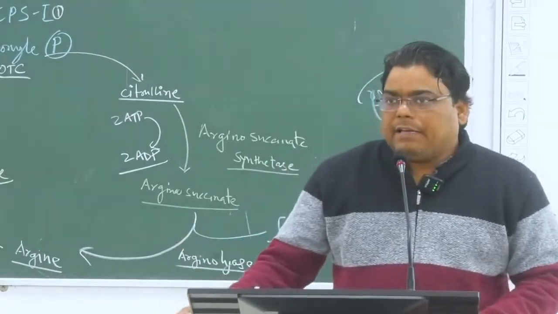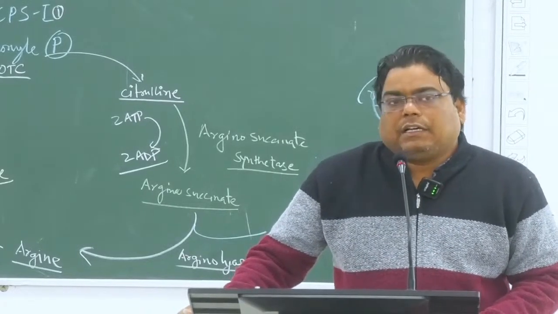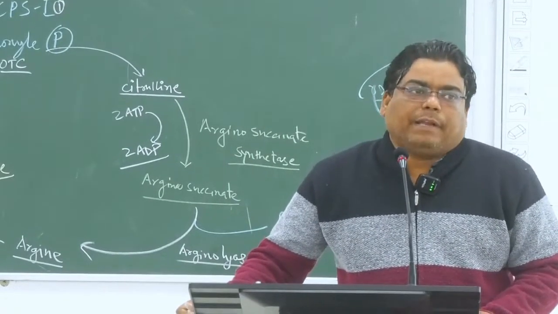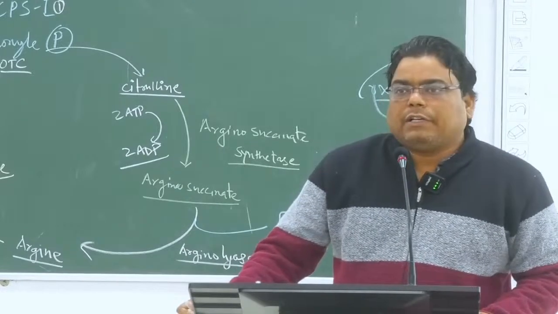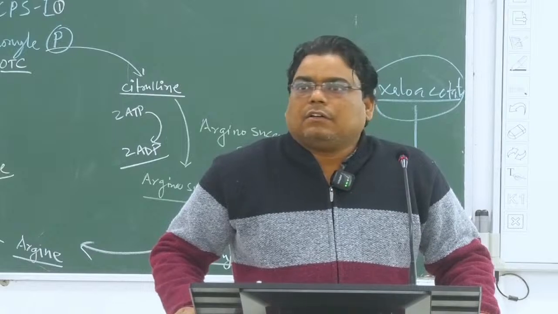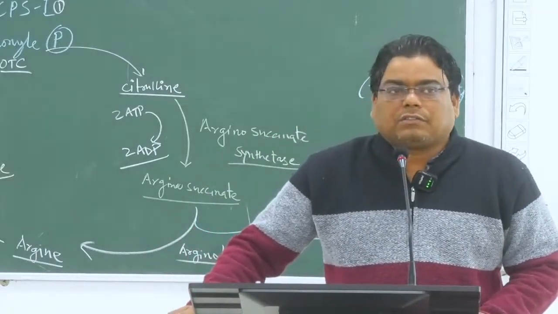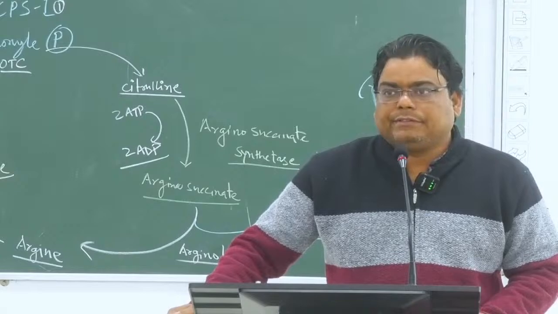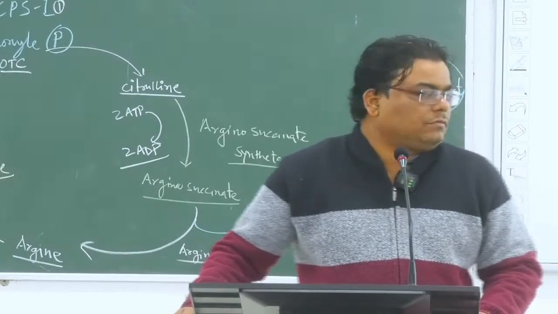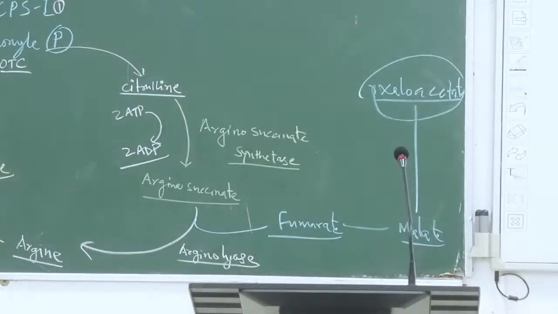If there is a high elevated level of ammonia in the body, it directly impacts the brain. So why is this ammonia toxic for the brain? The question is asked like that. Who can give the answer? Just raise your hands. Tell me, student.